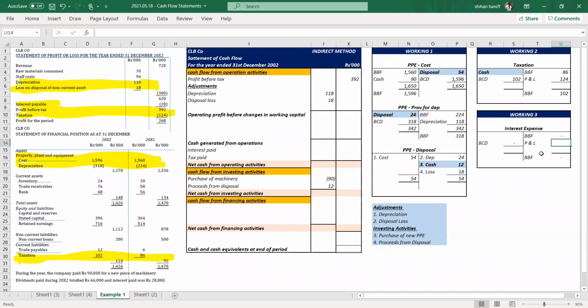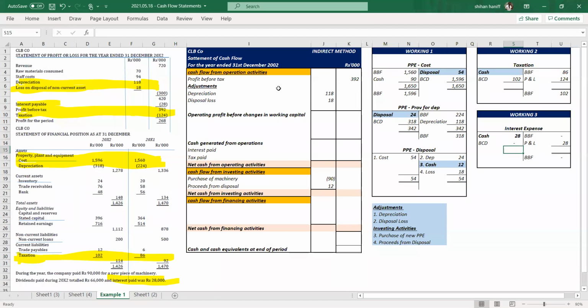Interest payable 28 and cash amount is also 28. Dividend paid is 66 and interest paid was 28. Yeah, at the bottom you have interest paid is 28.